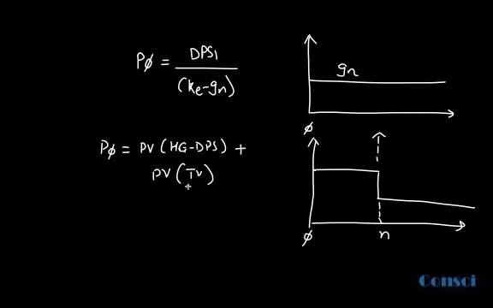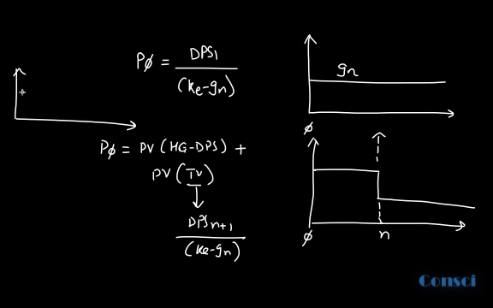This terminal value in this case will be given by DPS n plus 1 divided by, in brackets, KE minus GN. Similarly, you can think about how the three-stage model equation would look. That is about the different models and how the dividend discount model fits across these three models.